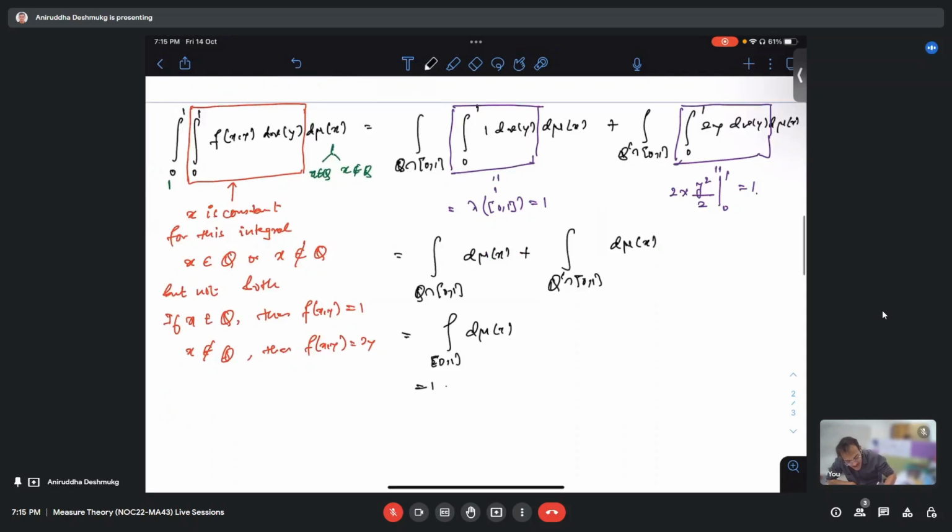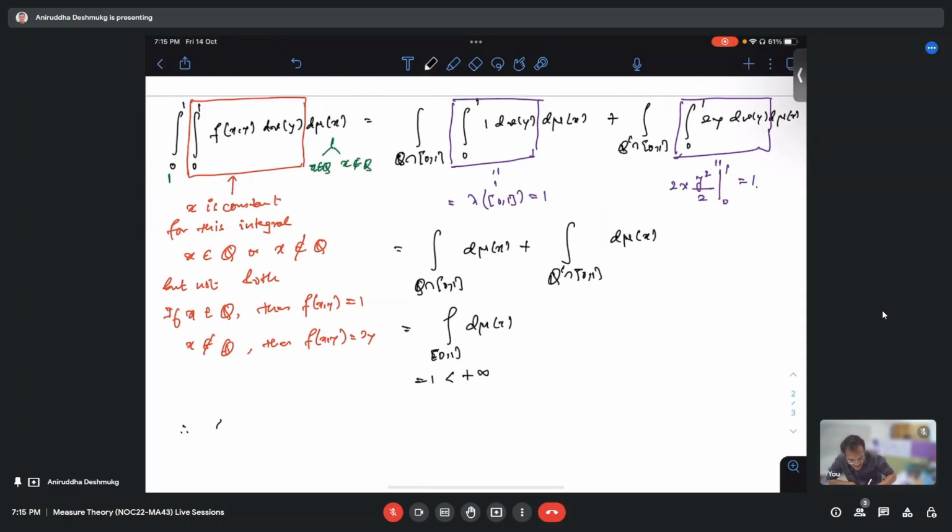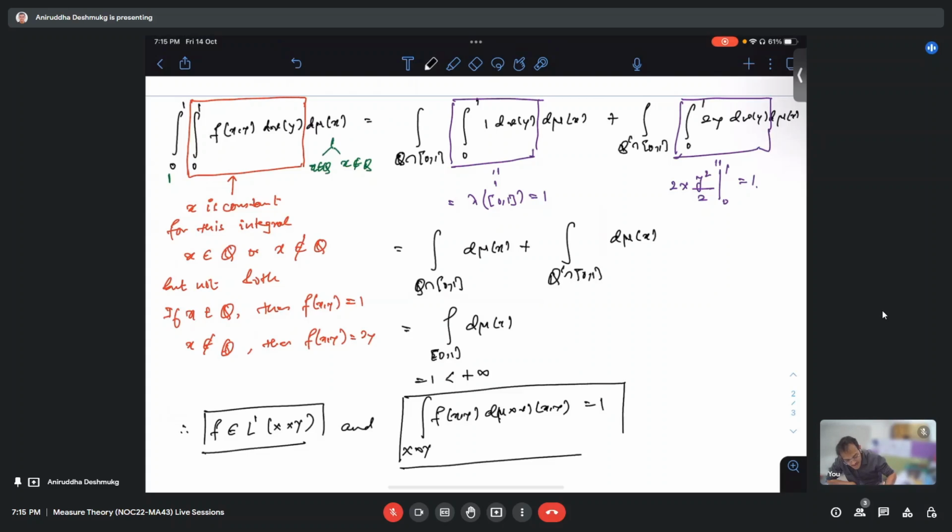And 1 is clearly finite. So therefore, this function f is actually an L1 function on 0, 1 cross 0, 1. And moreover, one can say that the integral of f over this product space of xy is also 1, because one of the iterated integrals is 1.